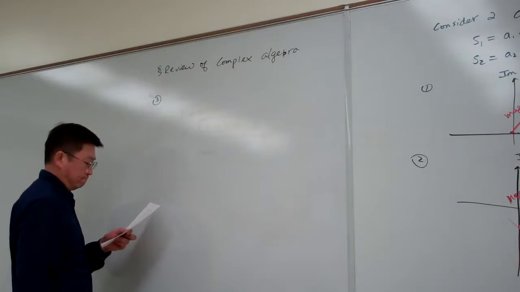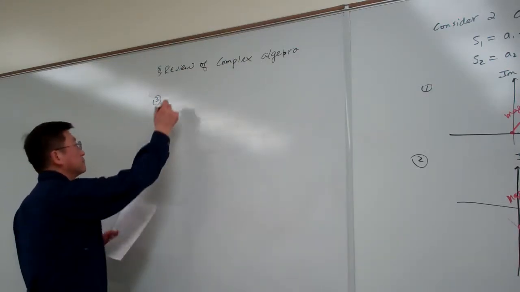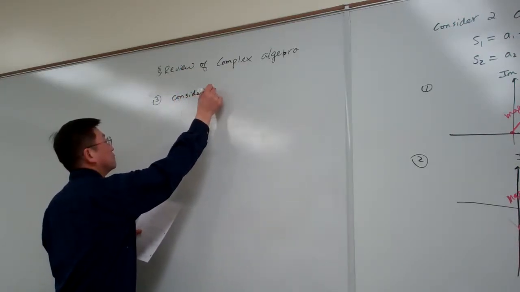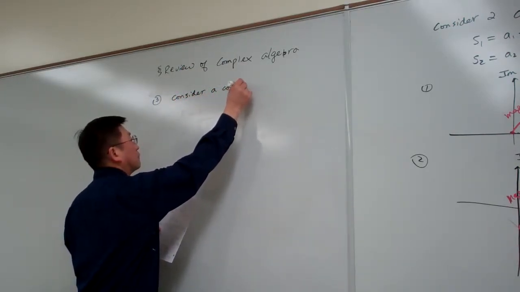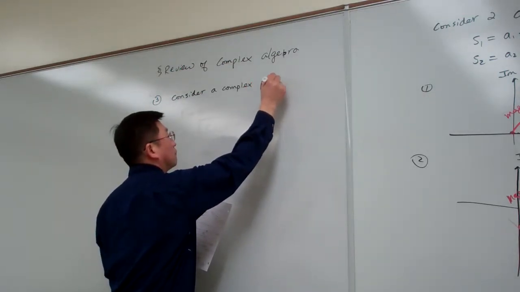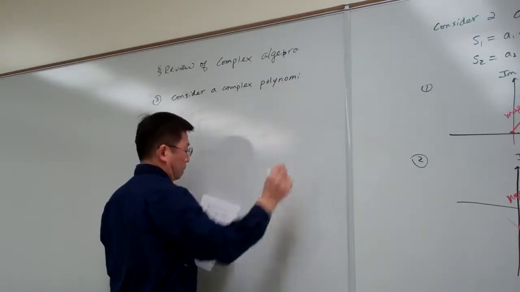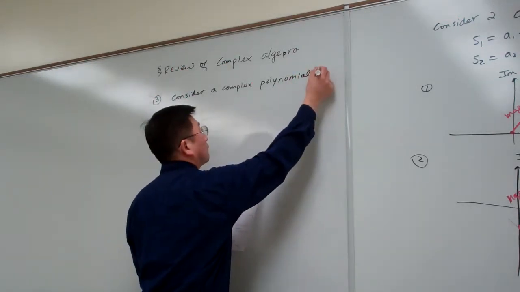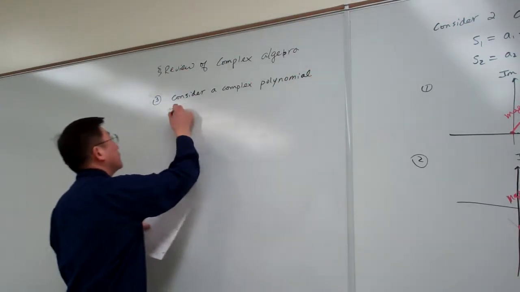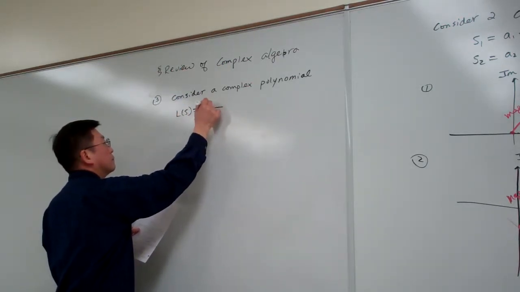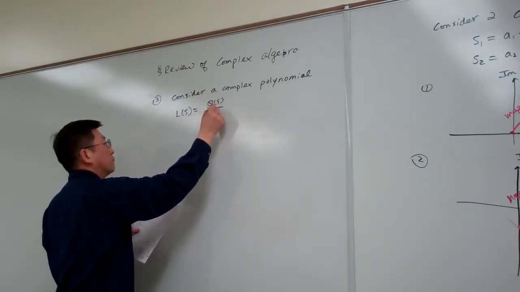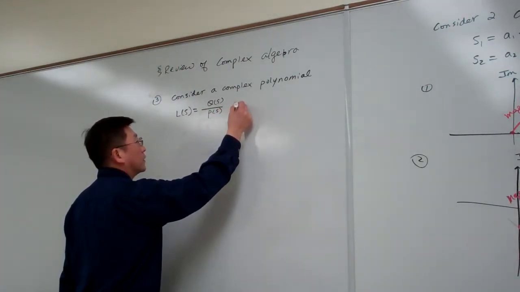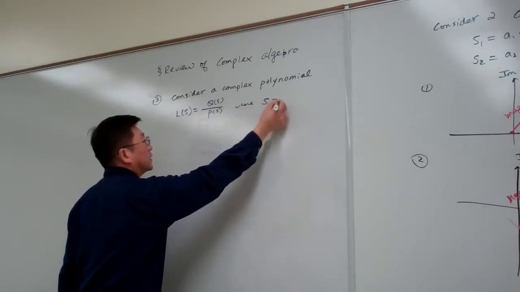Say, if we have this one, then S is the complex number.